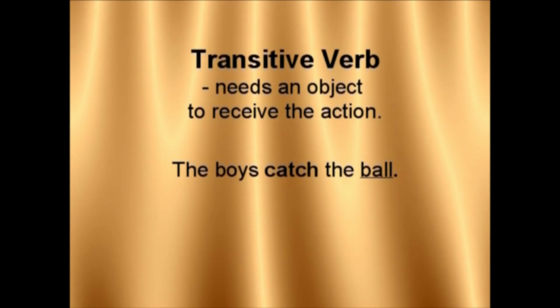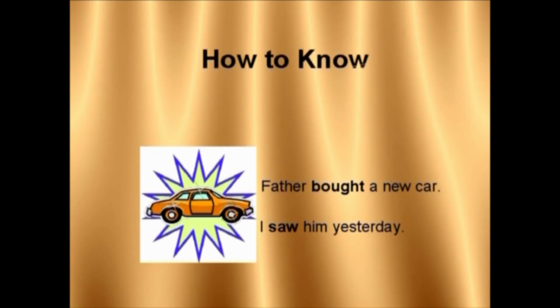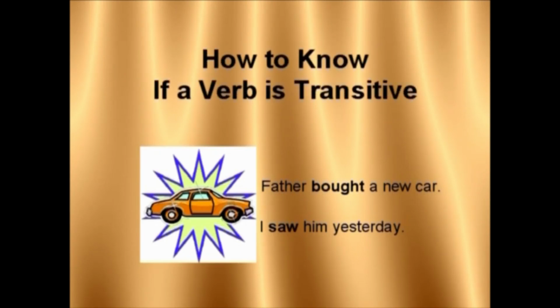Words like catch, needing an object to receive the action, are called transitive verbs. To know if a verb is transitive, ask what or whom after the verb. If an answer can be found in the sentence, the verb is transitive. For example, let's study the following sentences.